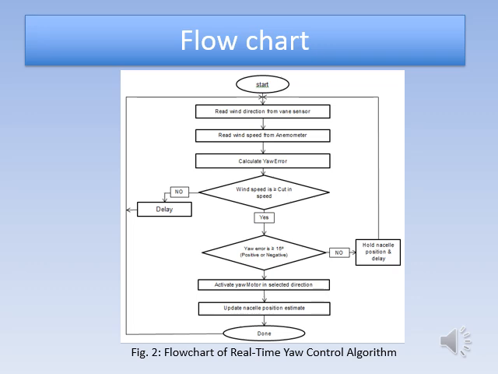After repositioning, the nacelle's estimated position is updated. If the error is less than 15 degrees, then the system delays or holds the current position, ensuring efficient and safe turbine operation. This approach enhances wind energy capture by continuously aligning the turbine with the optimal wind direction.